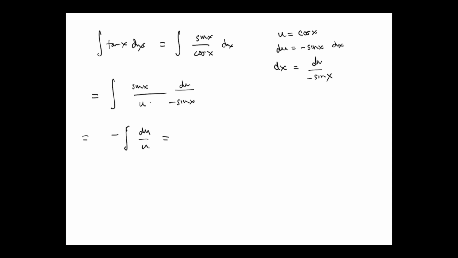So I've got negative integral of du over u, which is what? What's the antiderivative of 1 over u? Yeah, so we get the logarithm. Okay, and so like so.